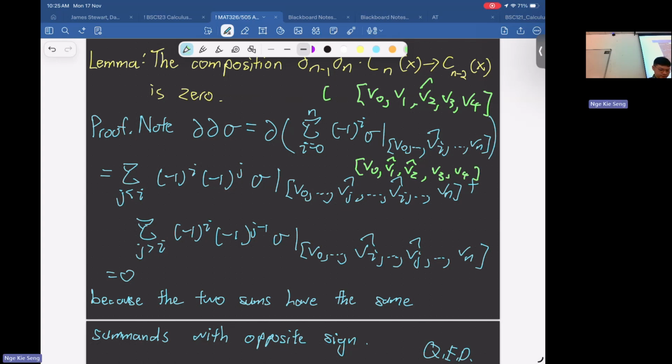So here, let's say V1 to the 2, and then here will be V1 to the 2, and then minus V1 to the 1. But let's say we want to throw V3, how should we compute the contribution?